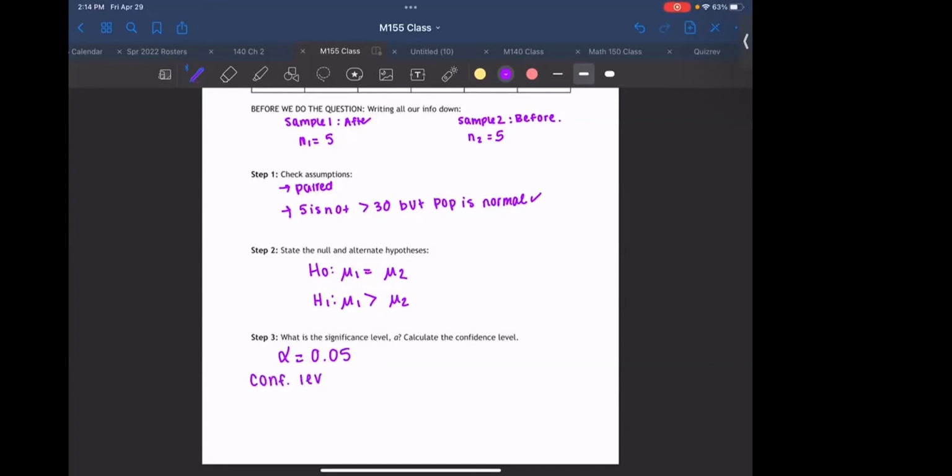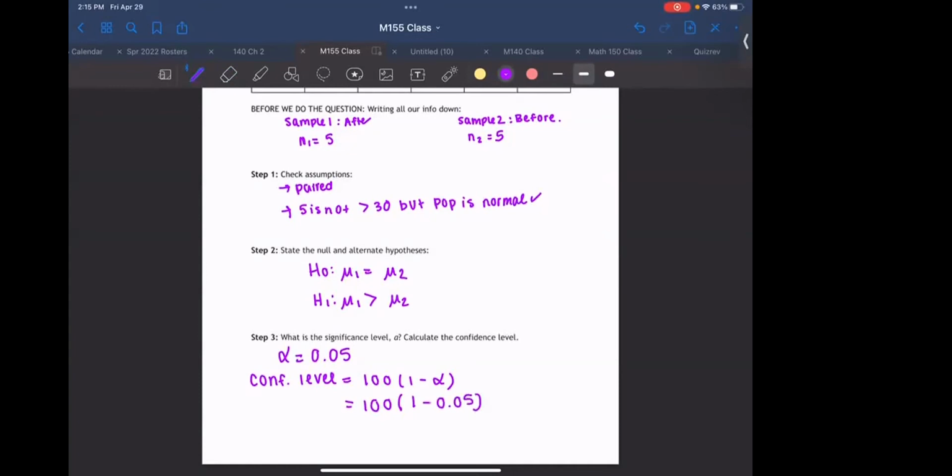Confidence level. Anyone remember the formula for the confidence level? Good, 100 times 1 minus alpha. So when we find the confidence level, all we have to do is plug in alpha. So 100 times 1 minus 0.05.